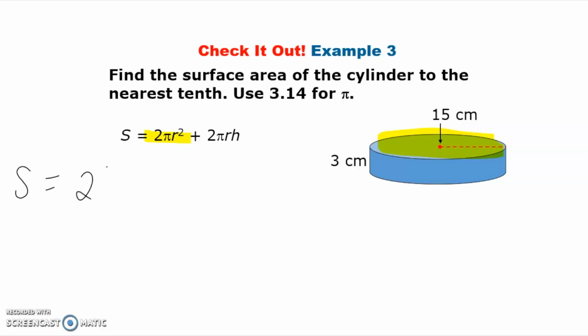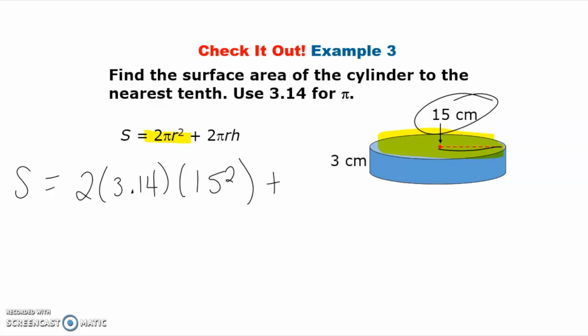So we'll go ahead and plug in some numbers there. So we have 2 times 3.14 times our radius, which in this case, because it's only going halfway across, is 15, squared. Then we want to look at our lateral area, which again is that area around the shape, kind of like where the label on a soup can would be.